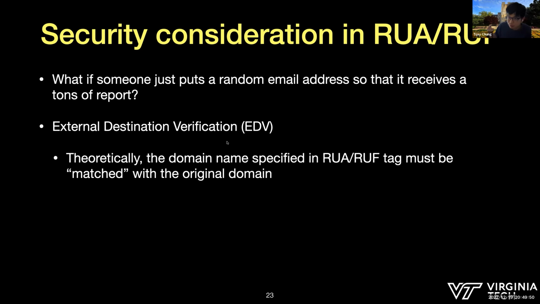So there is this kind of authentication mechanism, and theoretically the domain name specified in the rua tag must be verified. The receiver has to explicitly say, hey, I am willing to receive the report coming from this domain, which is called external destination verification.